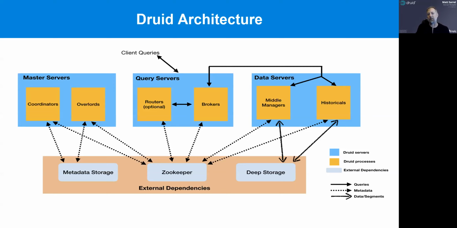The whole thing gets tied together with Zookeeper. Everything runs as a process, which is pretty awesome in terms of scalability and performance. Each little box that you see runs as its own process, so it can be restarted or scaled independently.